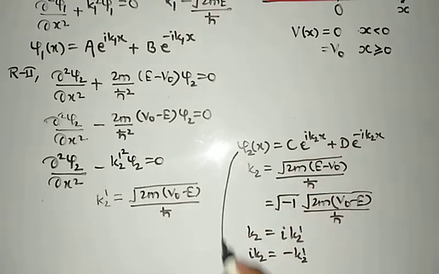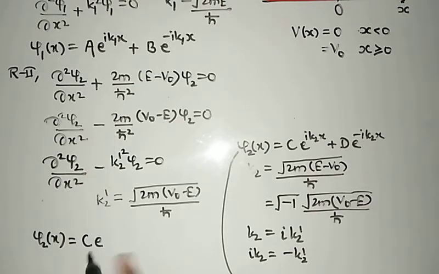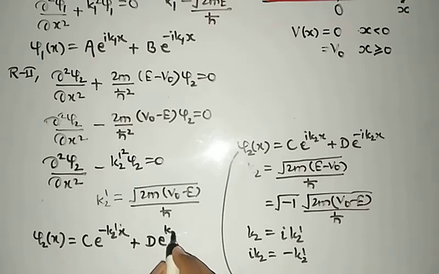Now look here, from here, what will the wave function be when we put i k2 as minus k2 dash? The wave solution for this we will write as c e to the power minus k2 dash x plus d e to the power k2 dash x.